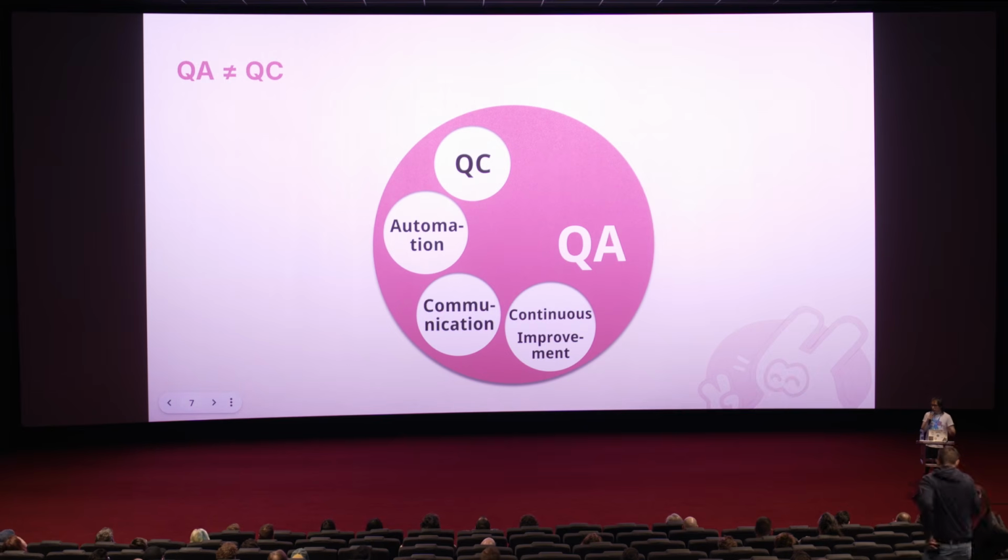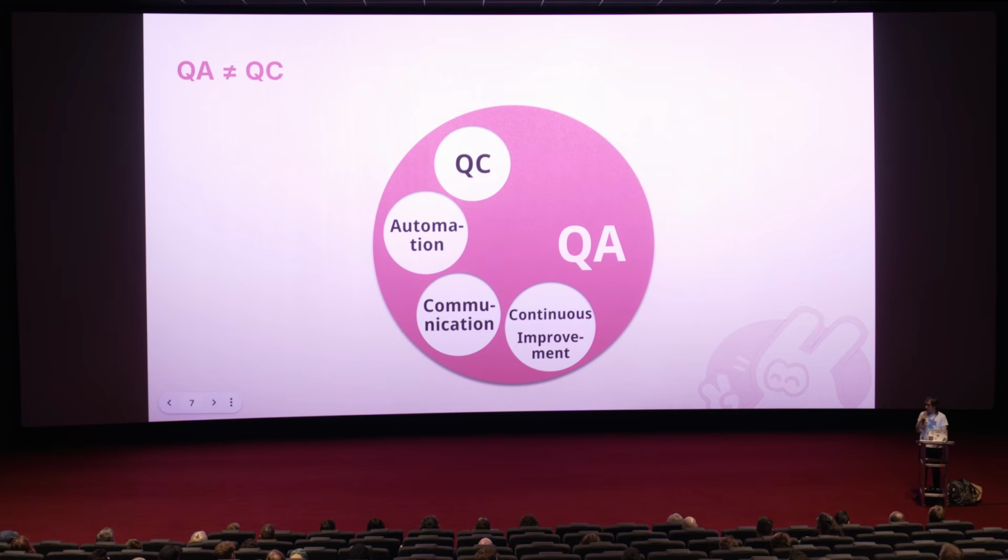While quality control checks that the game we build is good enough for the players, what QA does is build tools and processes to ease development, to make sure that we can build this game and release it with a good enough quality.